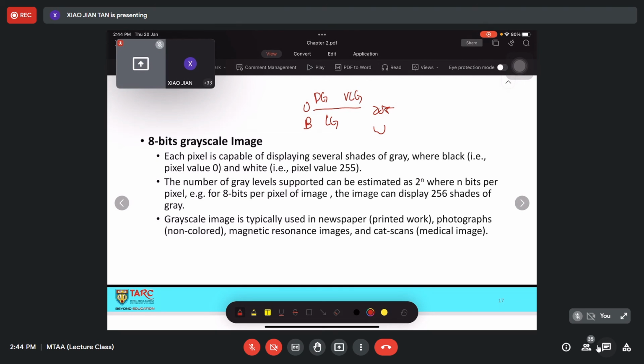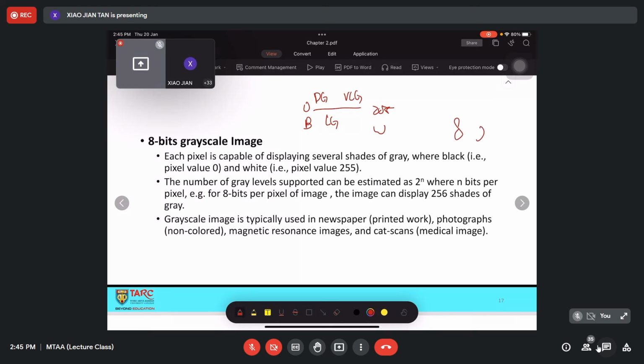For each pixel, the number of grayscale levels supported can be estimated as 2 to the power of n, where n is the bits per pixel. For example, with 8 bits per pixel, the image intensity can display 256 shades of gray. That is why it is called an 8-bit grayscale image. Why 8 bit?